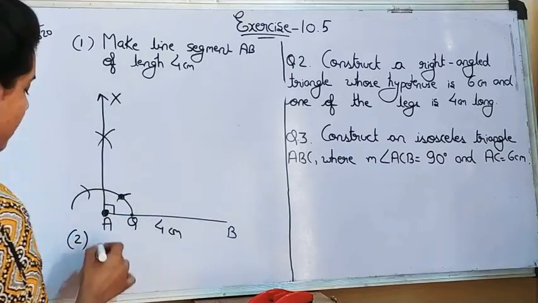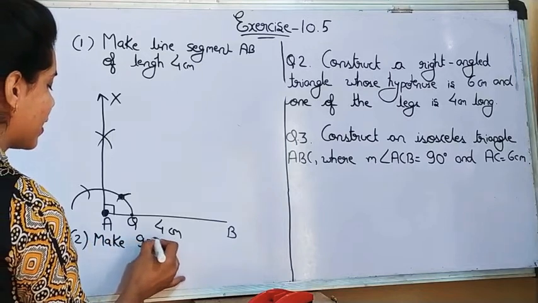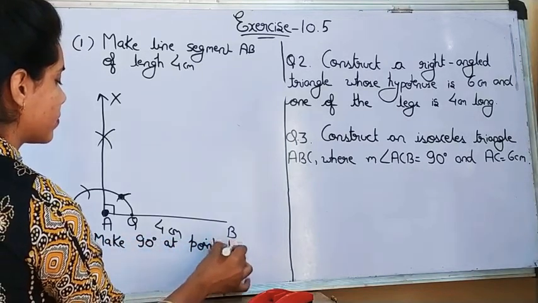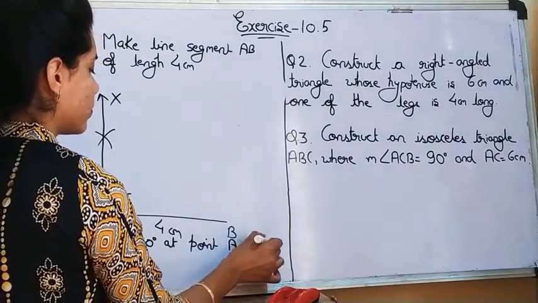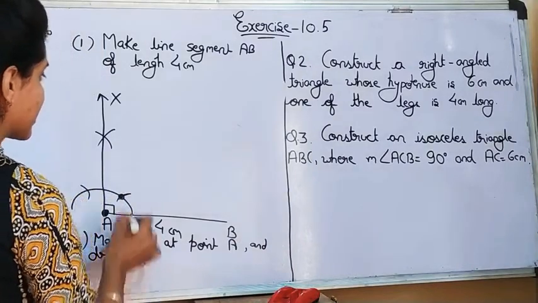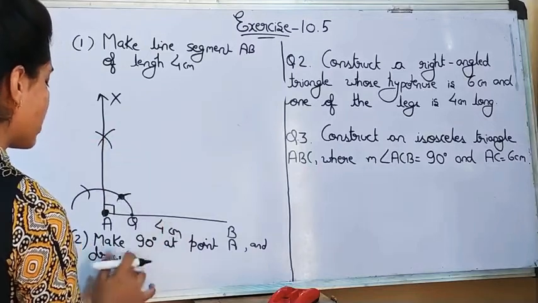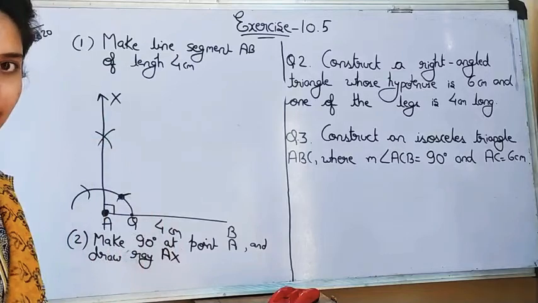So the second step will be to make a 90 degree angle at point A and draw ray AX. Understood?